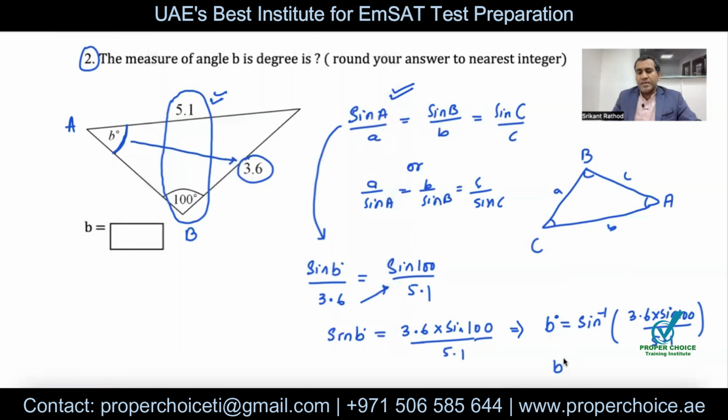So angle B here is 44.03 degrees. The question said round your answer to the nearest integer, so I should say the value of B as 44 degrees only. This is how you apply the law of sine or cosine to find either a side or an angle.